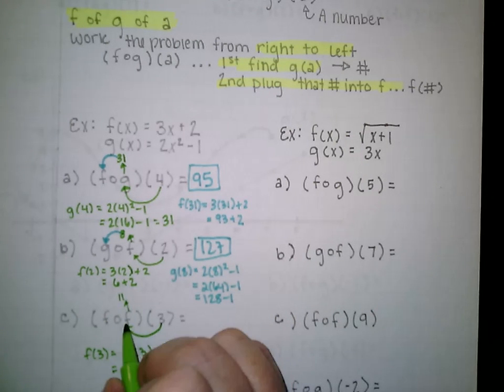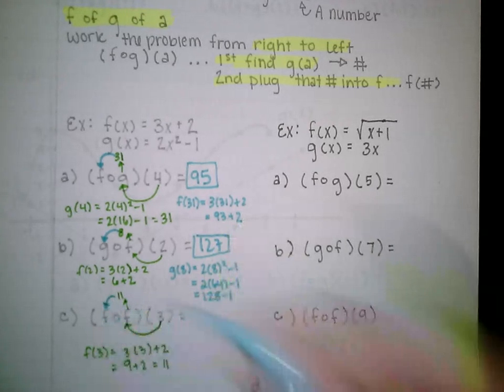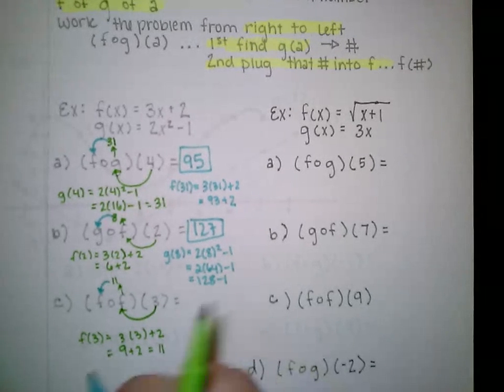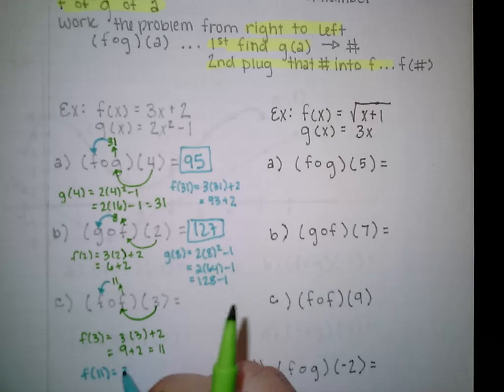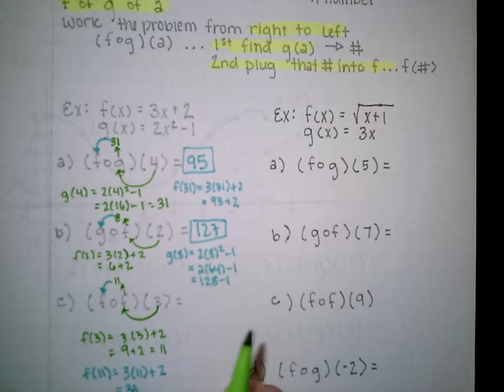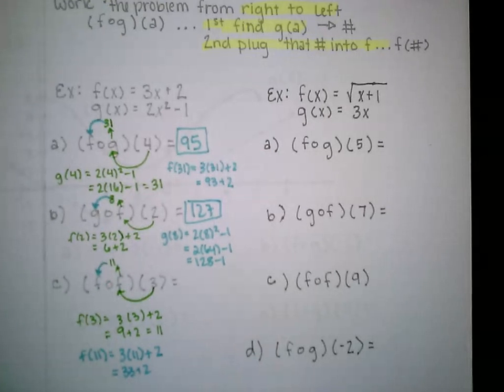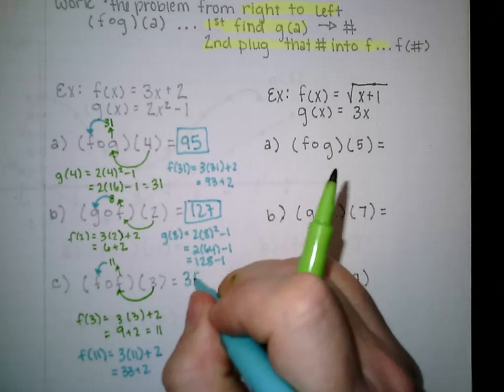So 3 goes into f. The output is 11. We take that output, put it into the function f again, so f of 11, which would be 3 times 11 plus 2, so 33 plus 2, which makes our ending answer 35.